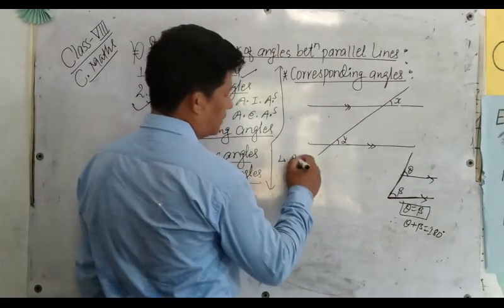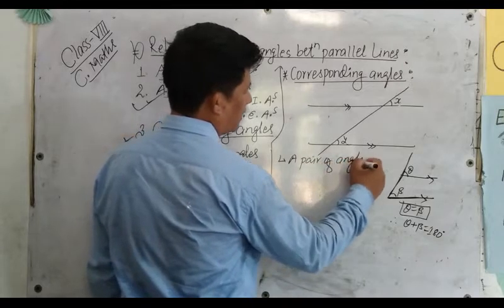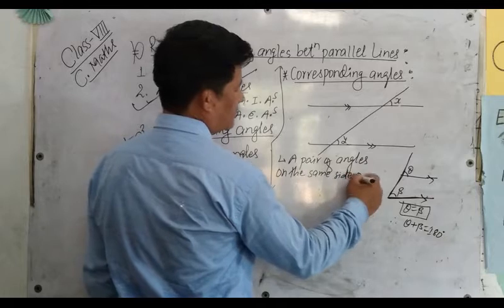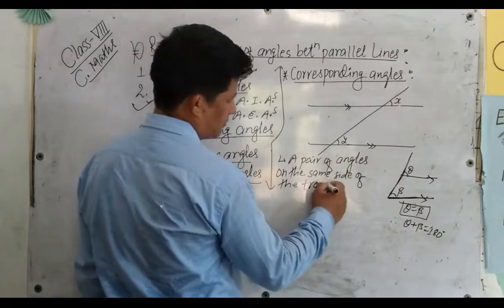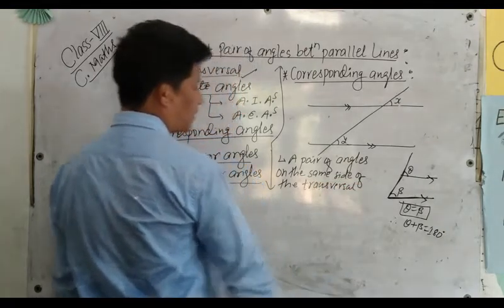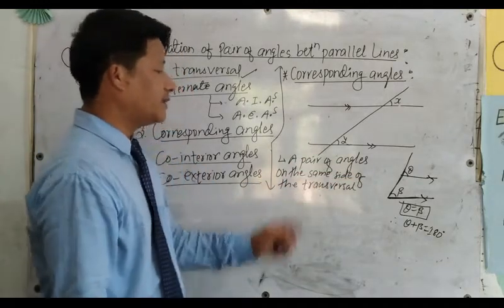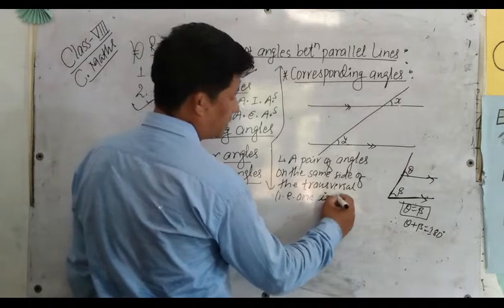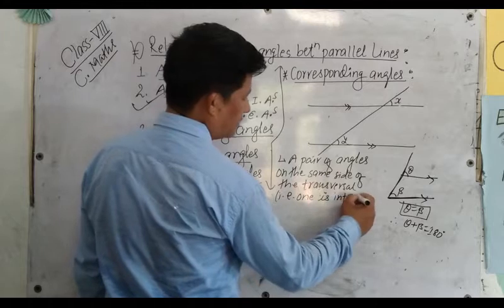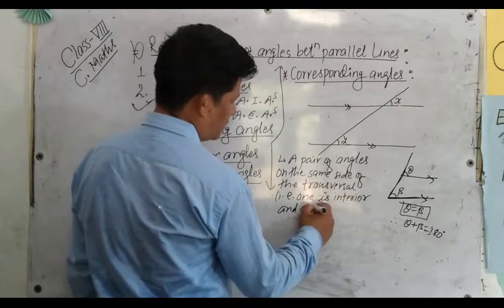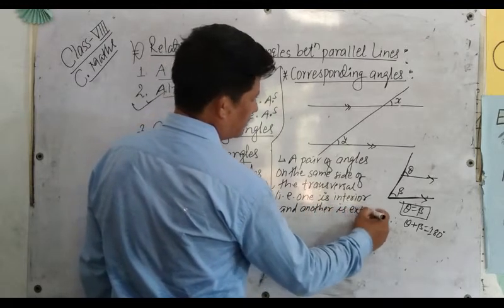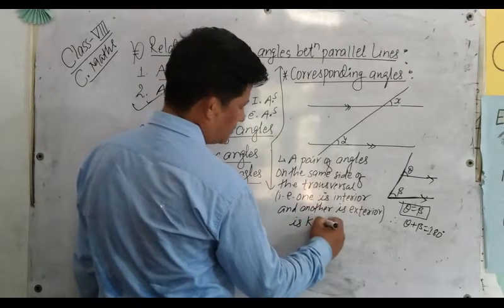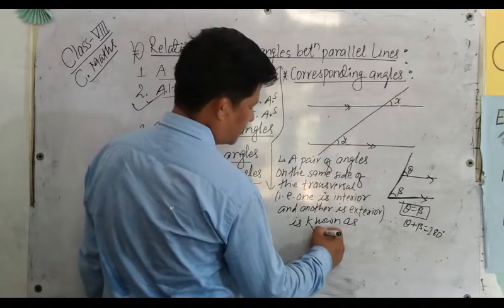So I am going to define it: a pair of angles on the same side of the transversal, where one is interior and another is exterior, is known as corresponding angles.